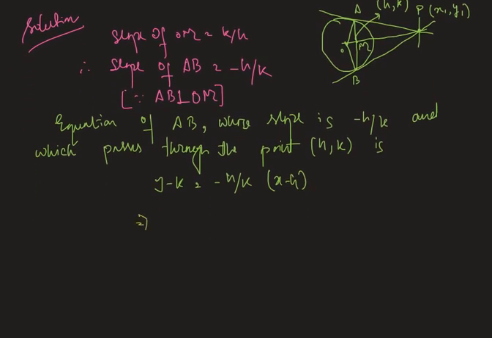So this implies hx plus ky is equal to h square plus k square. Let's name it equation 1.